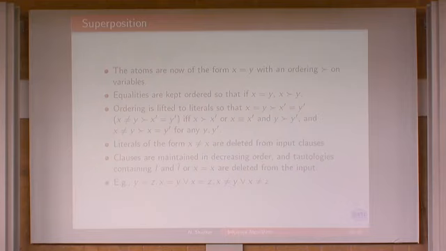The literals also get a lexicographic ordering on the variables, and the clauses are maintained in decreasing order. The tautologies are deleted, and literals of the form x not equals x are deleted as well, because they're just false.